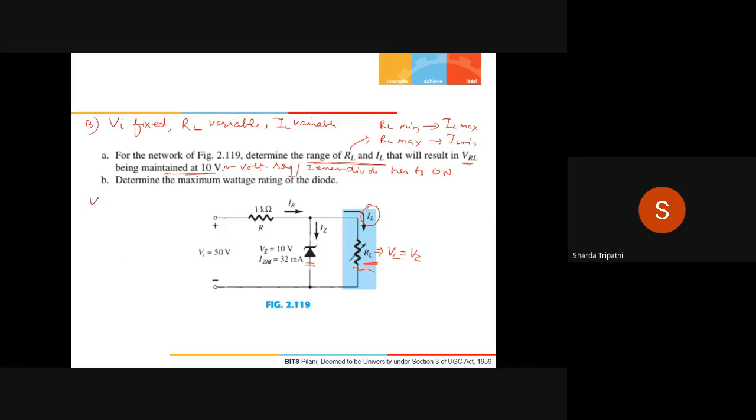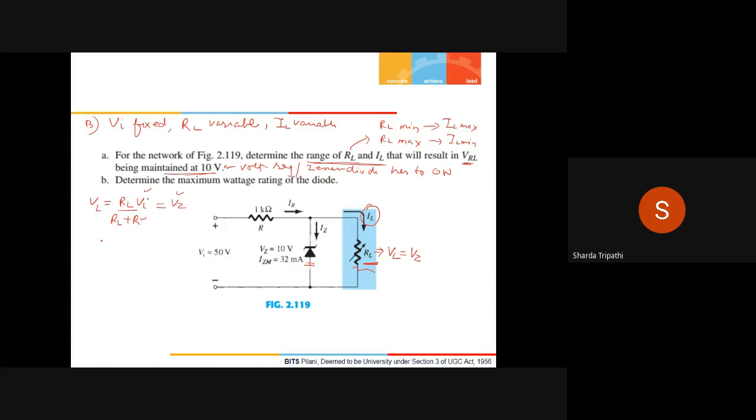So what happens over here, if I write the expression for VL, this will be equal to, again, RL divided by RL plus R multiplied by VI, and this I'm going to equate to VZ, where VZ is known, VI is also known, R is also known. Only unknown factor is RL.